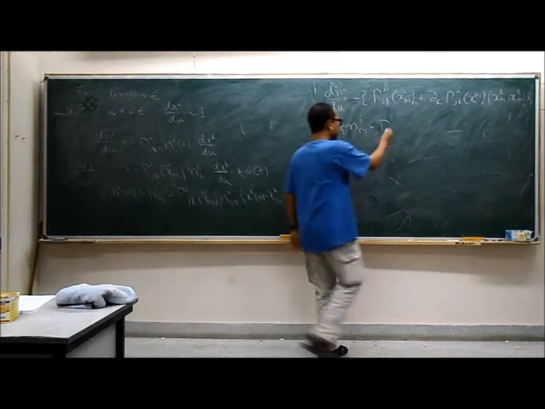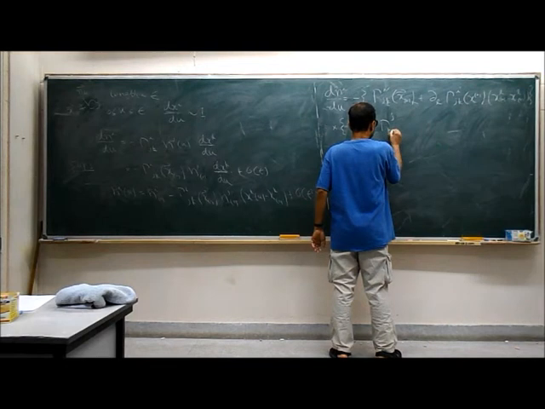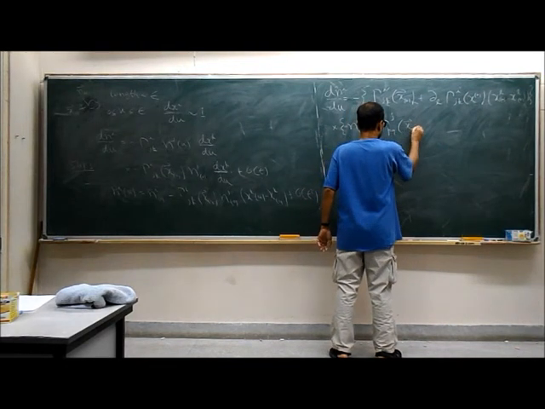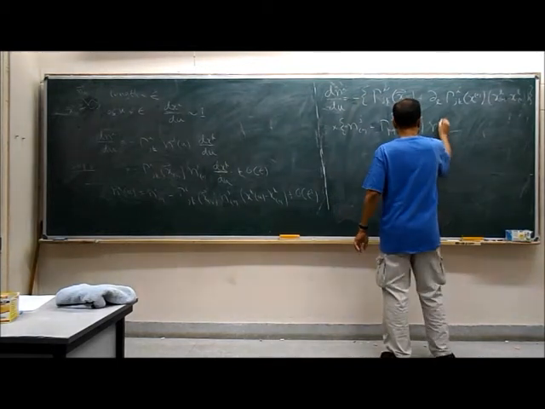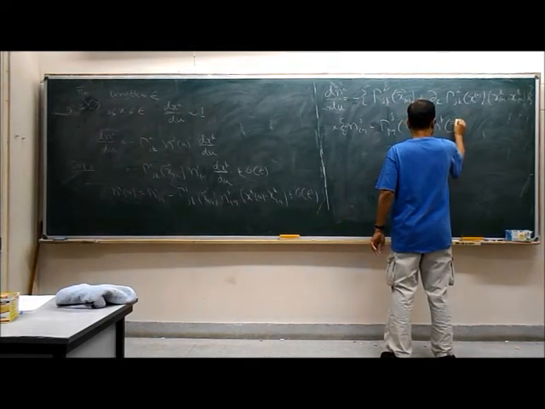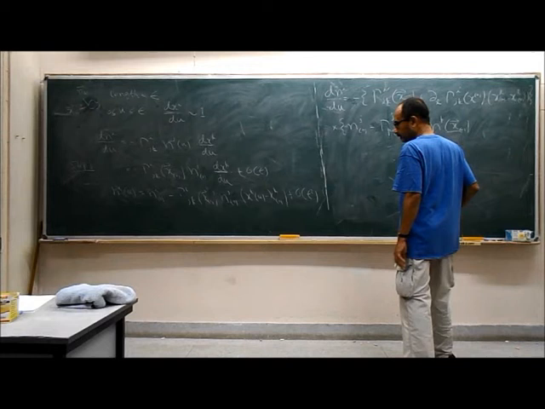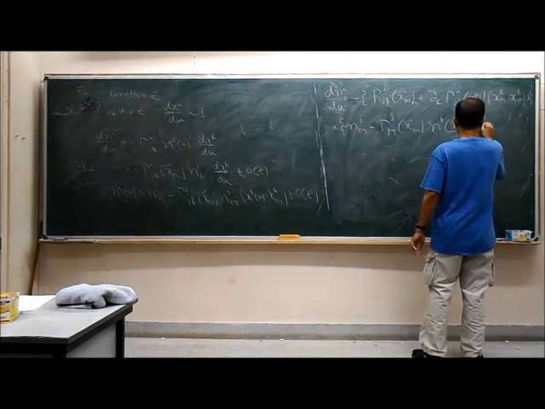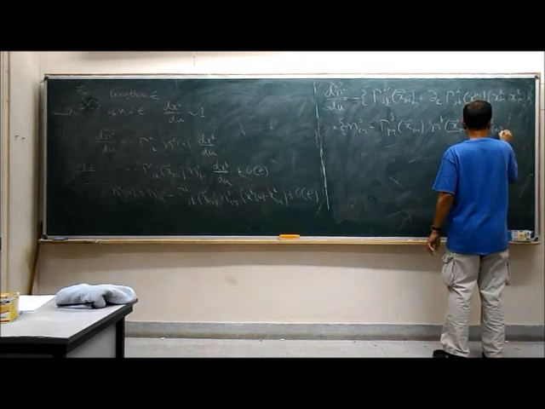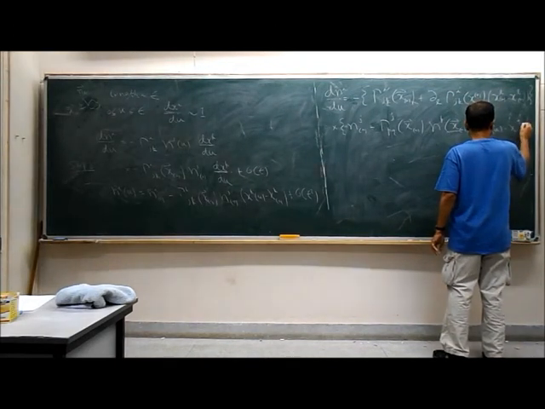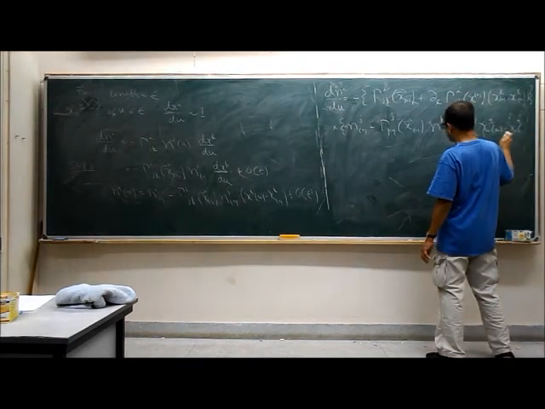So gamma j pq of x naught, np of x naught, and xq of u minus xq naught.